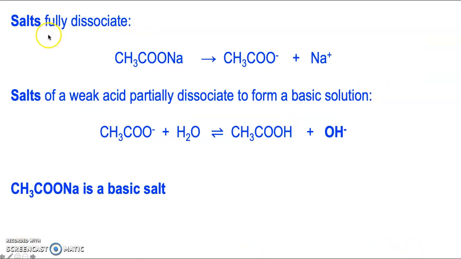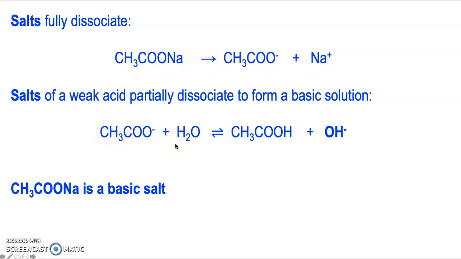So hopefully this makes sense, and you can see that you're always going to have two equations whenever you're dealing with a salt. The first one is the full dissociation of the salt into its ions, and the second one is you select the ion that reacts with water.